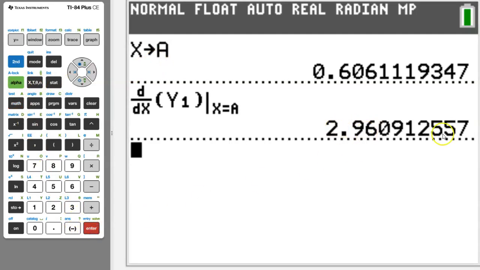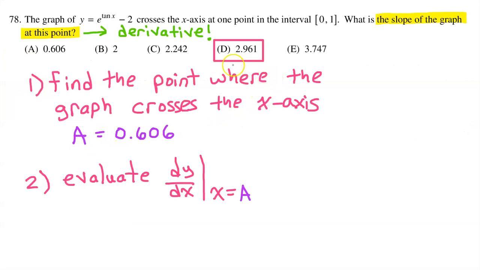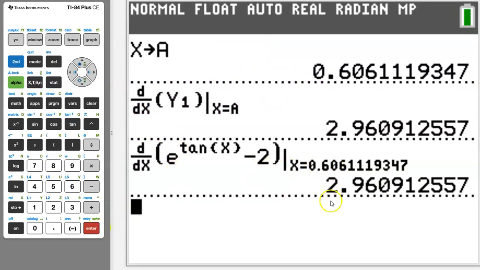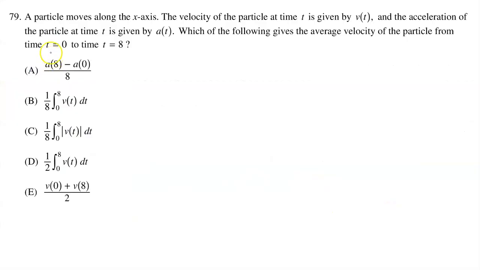Kabam! This is the answer, 2.961 if you round up. So the answer is D. Just for fun, here's what it looks like if you type in everything the long way. Same answer.